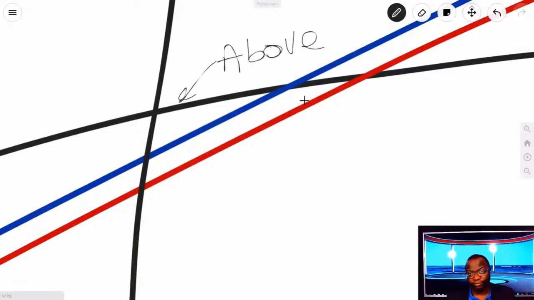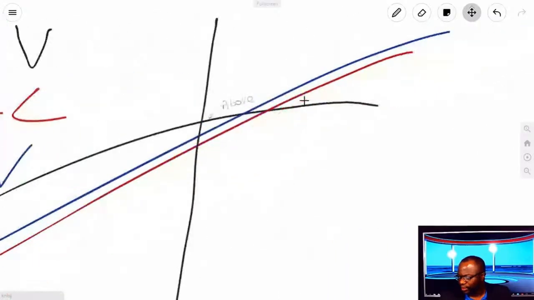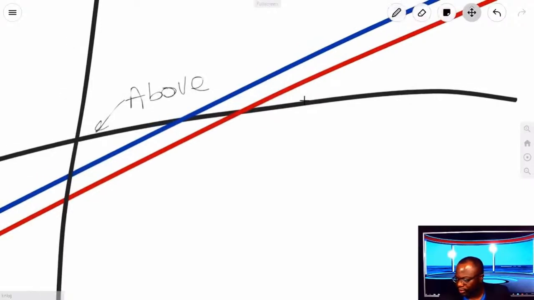It's above the blue line. What did we say the blue line was? The blue line is PV. Remember, we're talking about this point right here. So that is EV. EV is above everything else. PV is next. And last is AC.